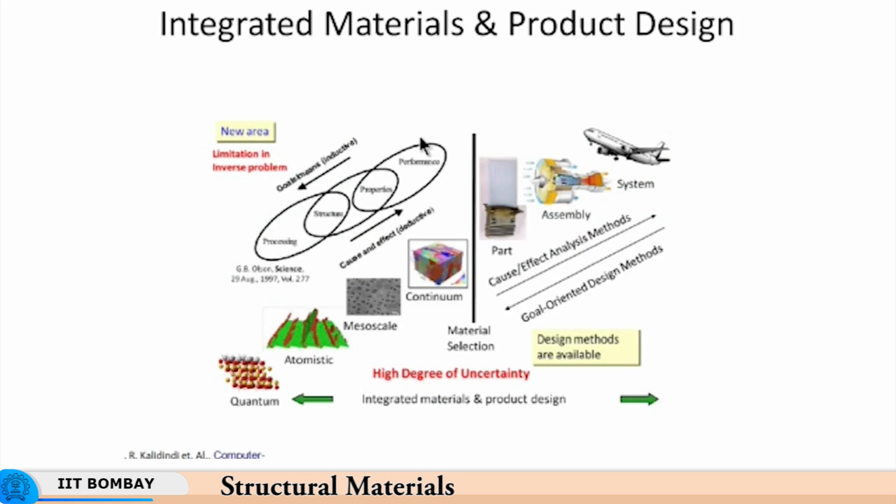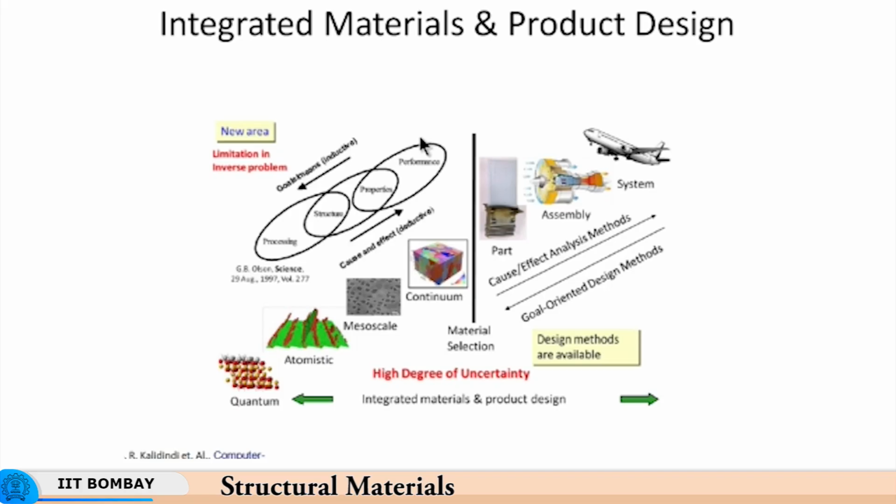So, whatever I spoke about is shown in this picture, where you have the strength coming from different sources at different length scales. So, right from the quantum length scale to atomistic to mesoscale continuum, and once you get a continuum, you have a monolithic or continuous material that is possible, and then you have a product made out of it.